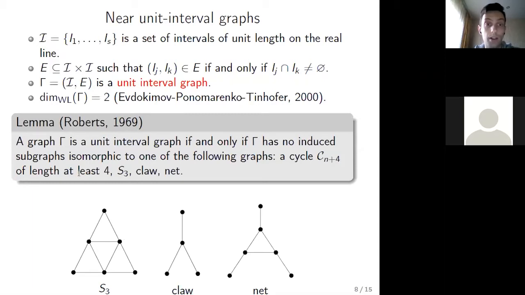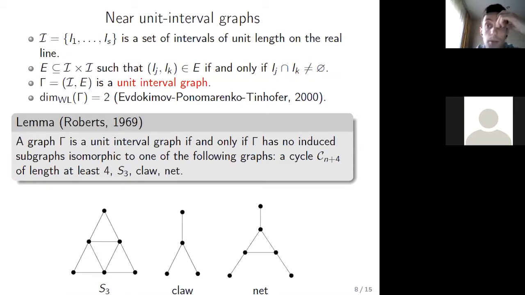A graph gamma is a unit interval graph if and only if gamma has no induced subgraphs isomorphic to one of the following graphs: a cycle of length at least 4, the graph S3, the graph claw, and the graph net. The graphs S3, claw, and net are depicted on the slide. Note that S3 is the complement of net.